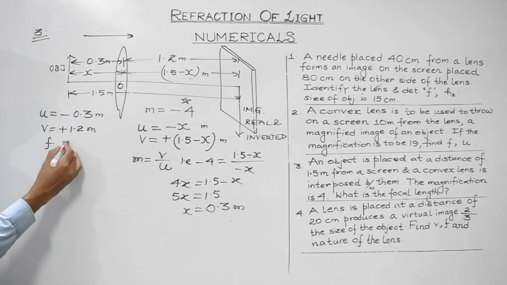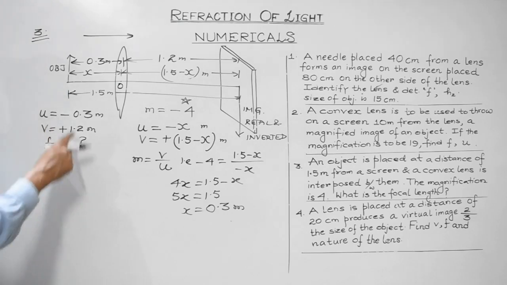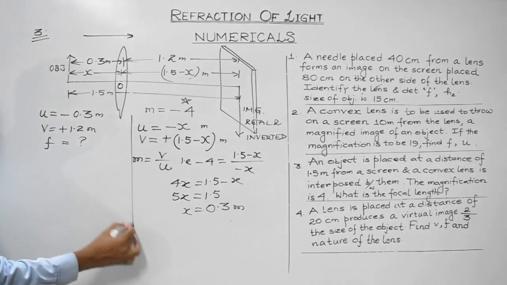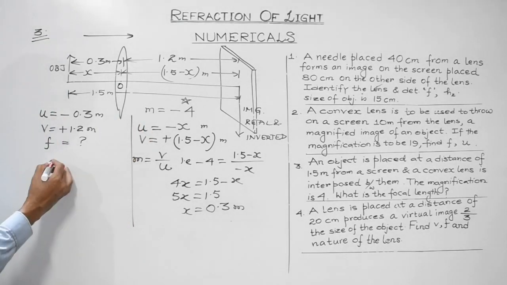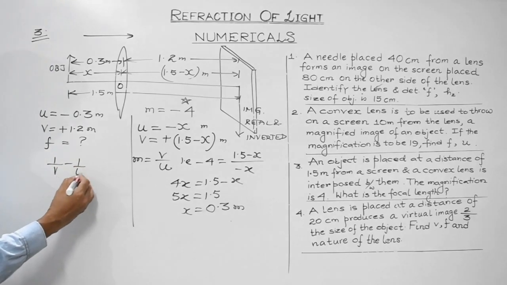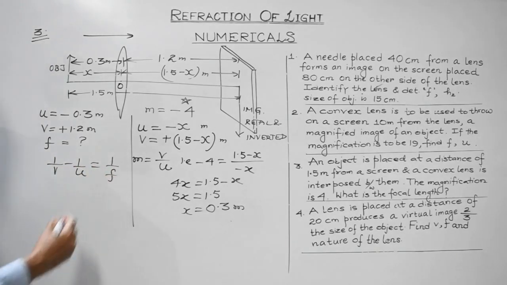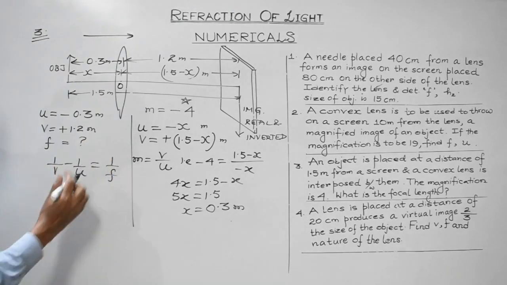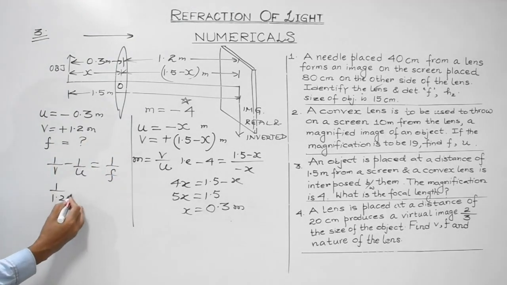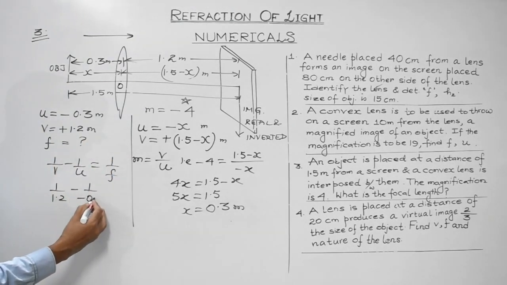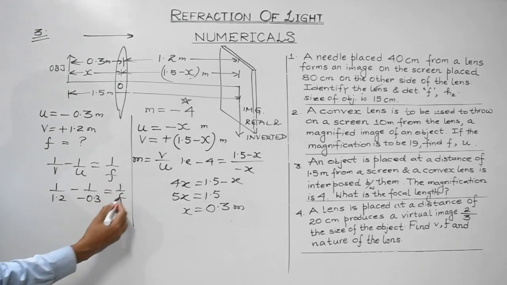Now f is to be found. So we know the relationship in these three. Let's make use of lens equation. So it is 1 by v minus 1 by u is equal to 1 by f. So let's try to evaluate it. 1 by 1.2 minus 1 by minus 0.3 is equal to 1 by f.